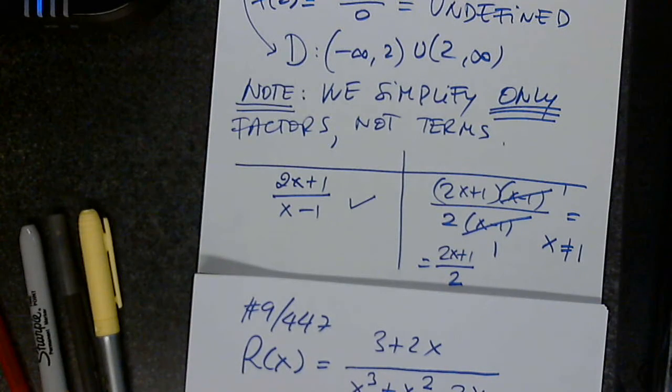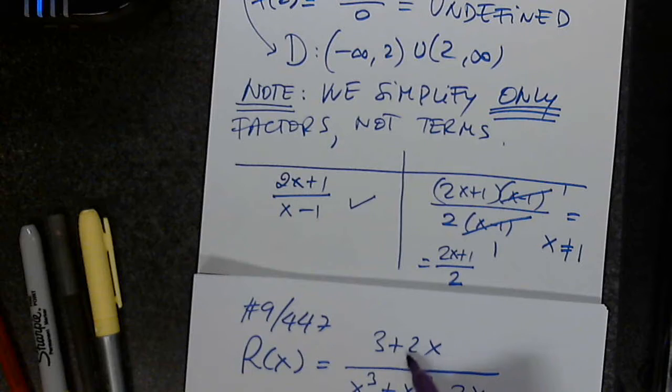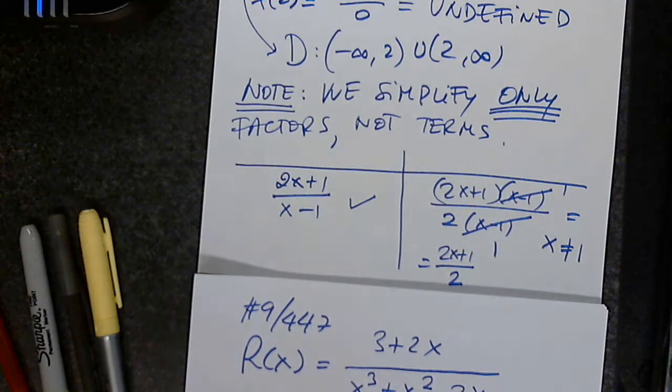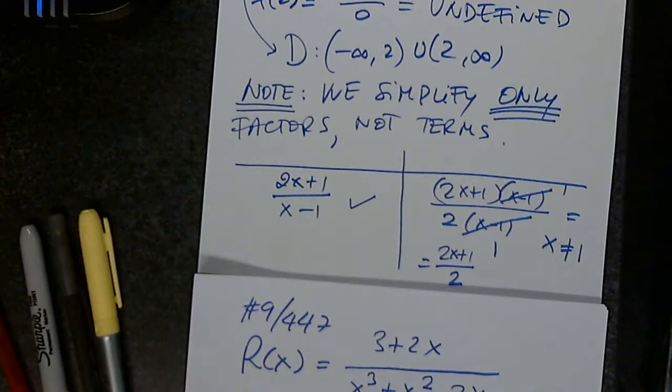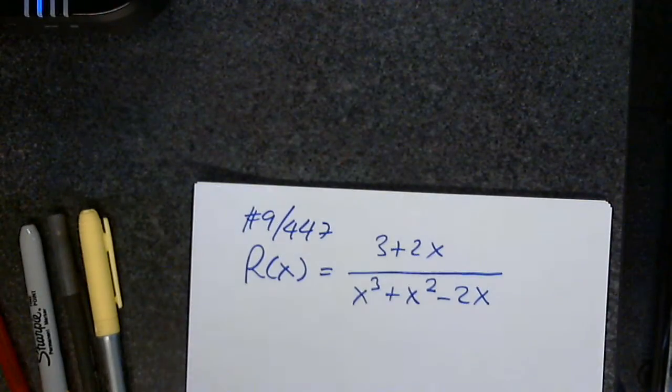Here's a question for you. I would like to simplify this 2x with this 2x. Can I do that? No, because 2x is not a factor at the top and 2x is not a factor at the bottom. Excellent.